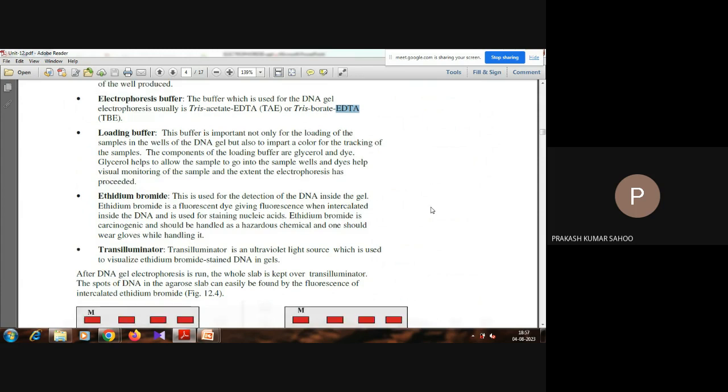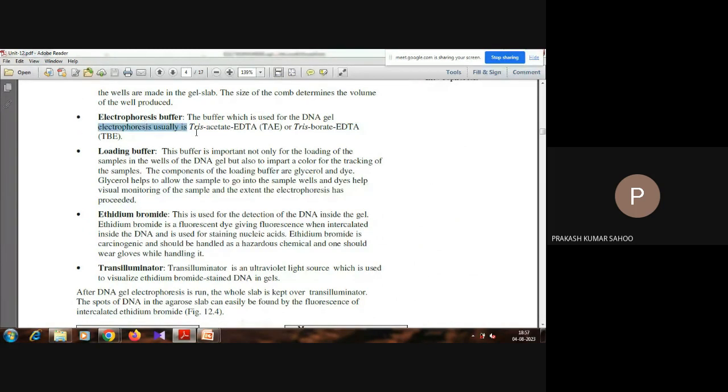Then, after preparation of the buffer, we have a loading buffer. One separate unit is there, used as the buffer container. This buffer is important not only for loading the sample in the well of the DNA gel, but also to impart color for tracking of the sample.